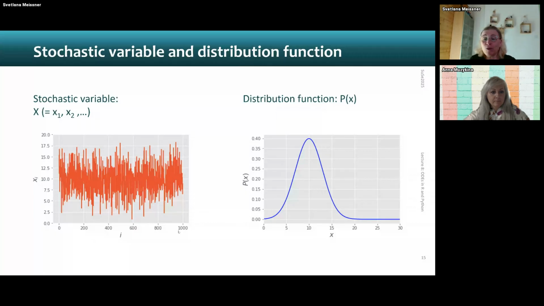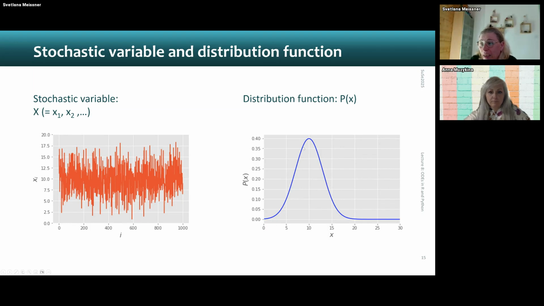Every time we get some number. On the y-axis the value was something around 10, but sometimes 2.5, sometimes 17.5, and from all these different numbers we get, on the right, this distribution function.